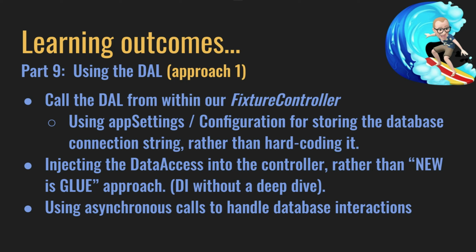We're not going to go into great detail about how it works, so it won't be a deep dive. That may take place in a future video, as it's quite a complicated subject area in its own right. We're also going to start using asynchronous calls to handle database interactions. At the moment, all our controller endpoints are synchronous, and we'll go into why that's important as well.